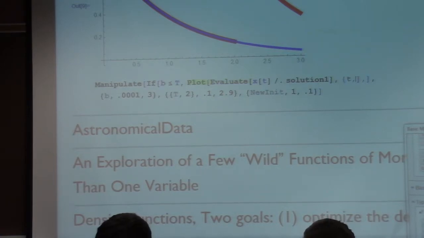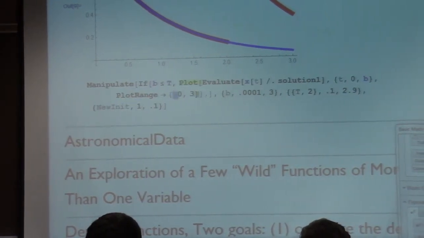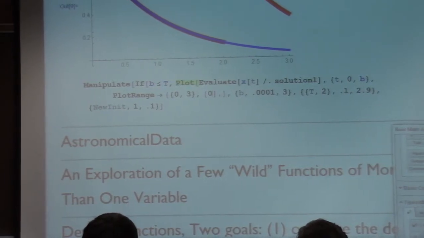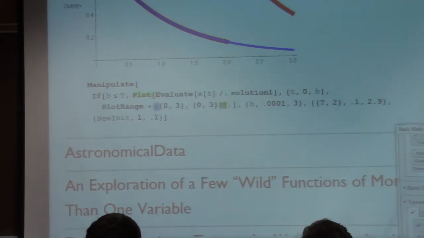From time t goes from 0 to b. Probably going to want to have the whole plot range in there all the time. 0 to 3 in the t direction and say 0 to 1 in the, actually let's go 0 to 3 in the vertical direction as well.